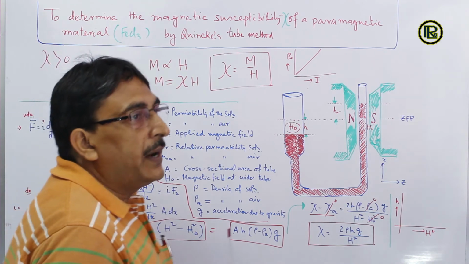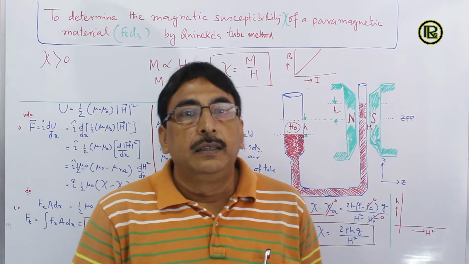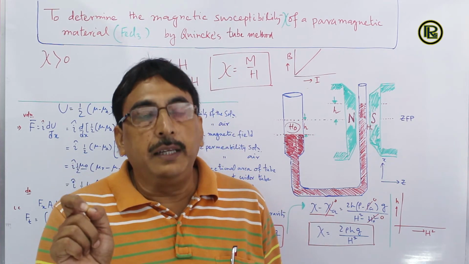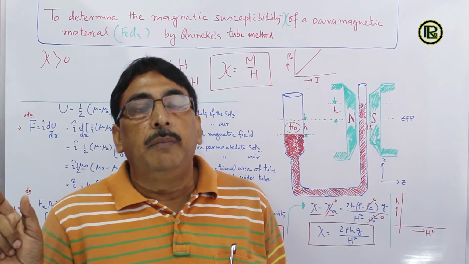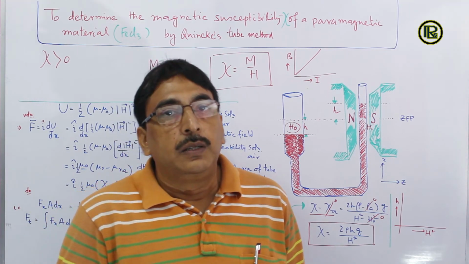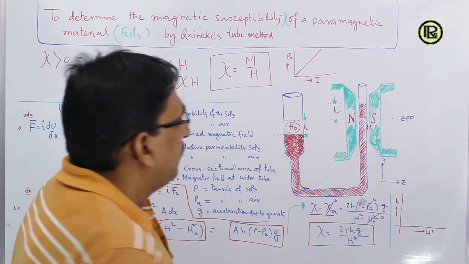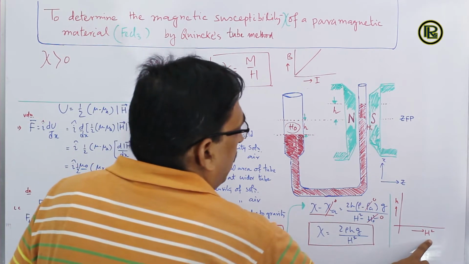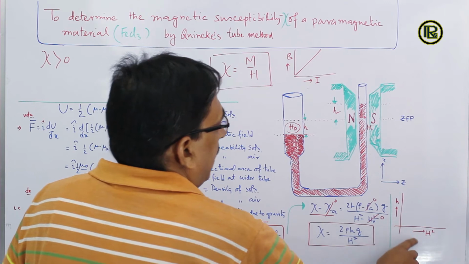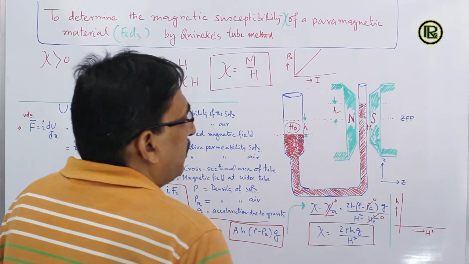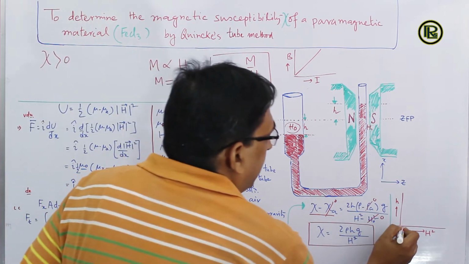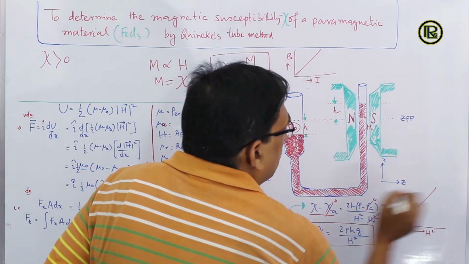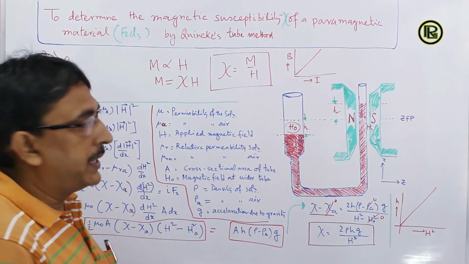So if I take a reading for small h value for various magnetic field values, then I can have a plot for h square along the x-axis and small h along the y-axis, and that will also give rise to this kind of straight line curve passing through the origin.